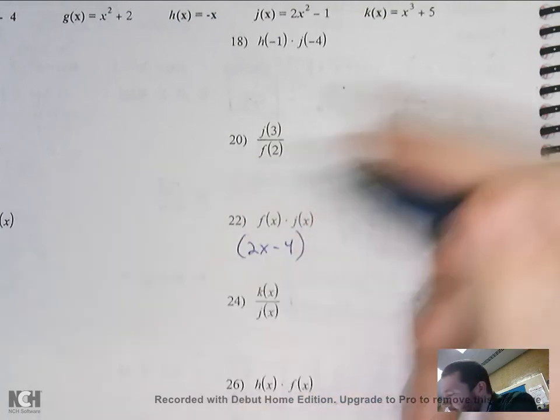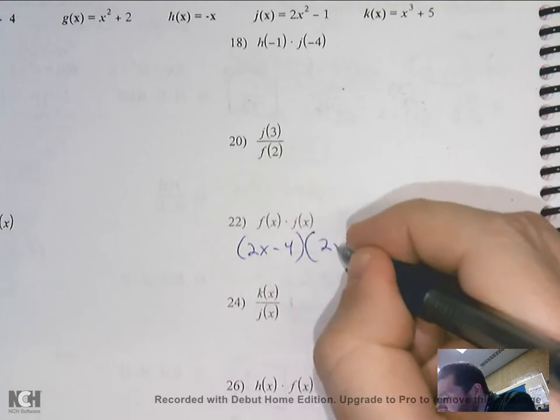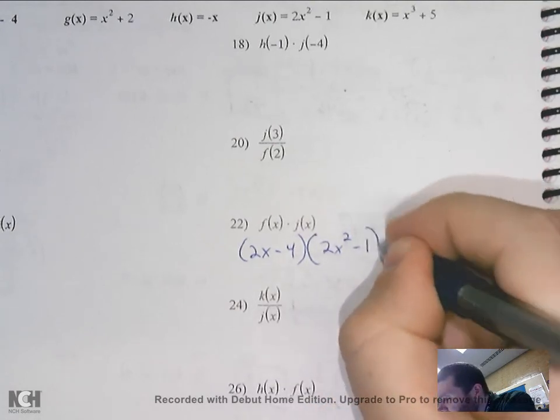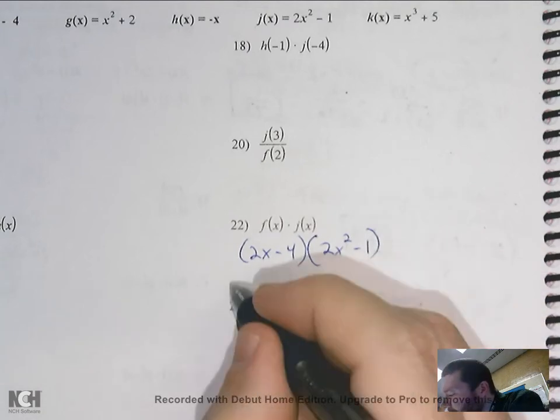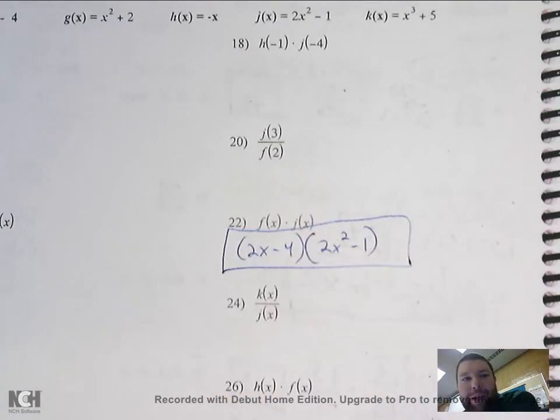So set that up, and then in parentheses, j of x was 2x squared minus 1. And that's all I want you guys to do this year. You'll do a lot more of this next year in secondary 2. This is actually a quadratic problem, so you will deal with these a lot in secondary 2. Okay, that's pretty much it.